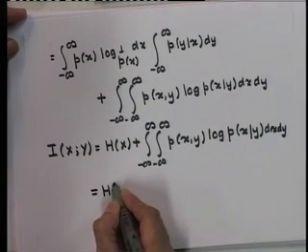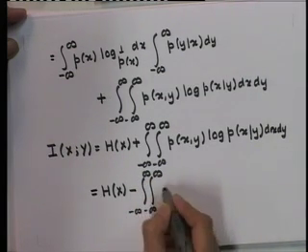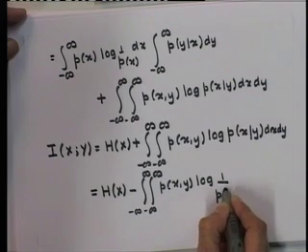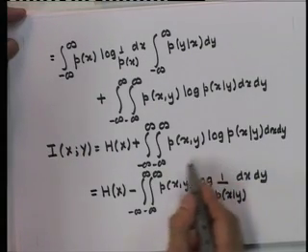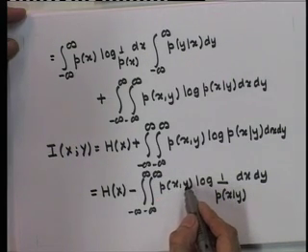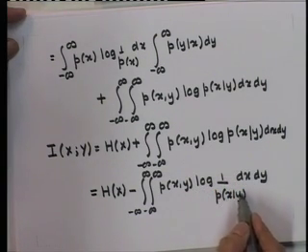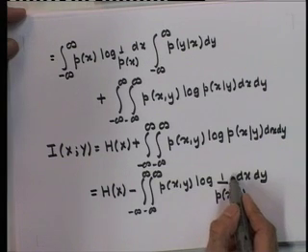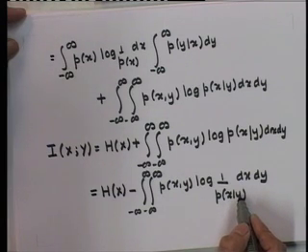This can be written as: now the integral on the right hand side is the average over random variables x and y of the quantity log of 1 by p of x given y, but log of 1 by p of x given y represents the uncertainty about the random variable x when the random variable y is received.